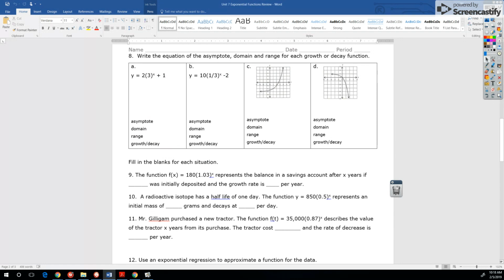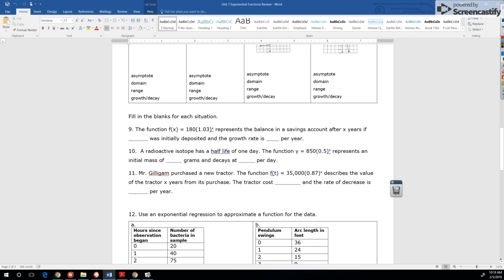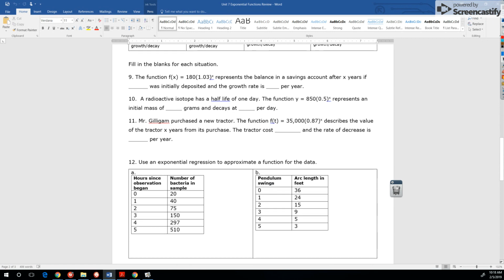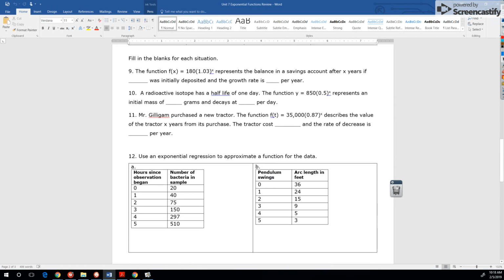Okay, just filling in the blanks for some word problems. The function 180 times 1.3 to the x represents the balance in a savings account after x years if blank was initially deposited and the growth rate is blank per year. So we're just looking at these two numbers. The initial value is always in the front.